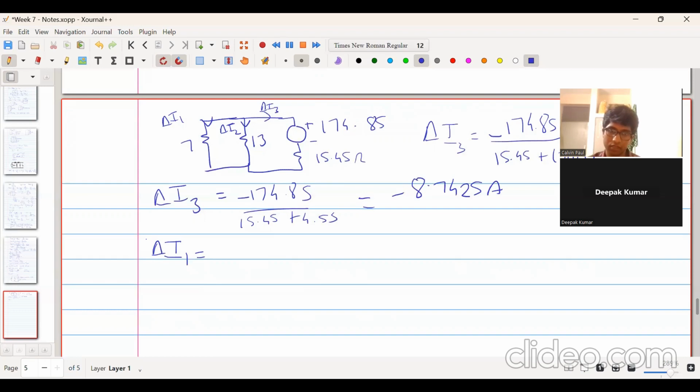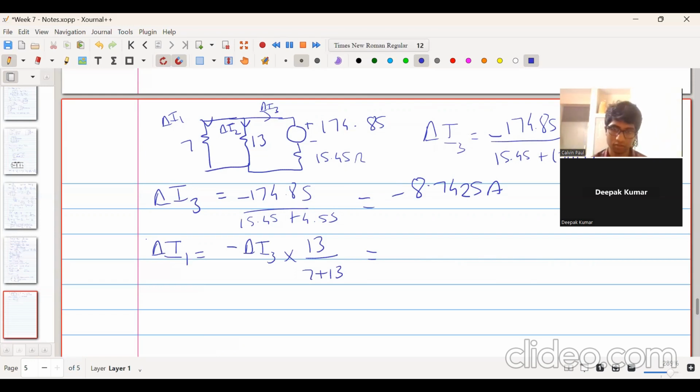So delta I1 is equal to minus delta I3, because they are in the opposite direction, into 13 upon 7 plus 13. By the current division rule, you know that, right? Yes, sir.